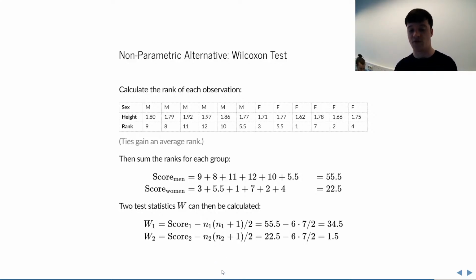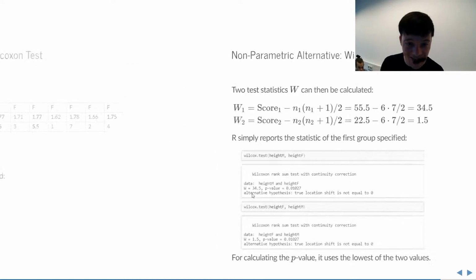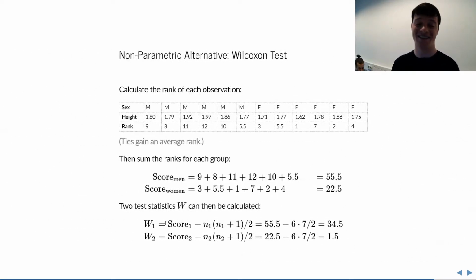Is it group 1 or group 2? This is the way, let me quickly cheat by looking over here. Oh yeah, this is the way that R does it. It uses the score of whatever group you specified first. So if you do a t-test, men, women, it will calculate the Wilcoxon test statistic for the men, because that's the first one you entered.